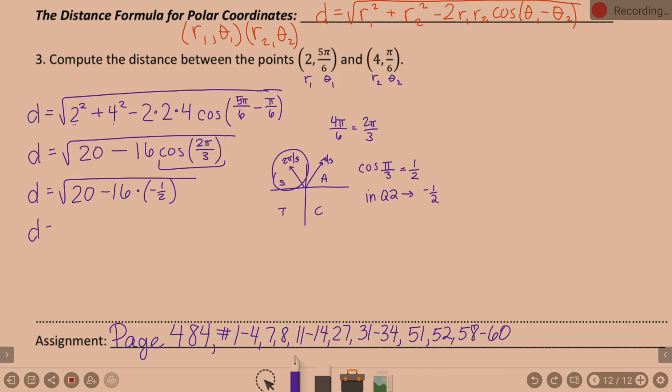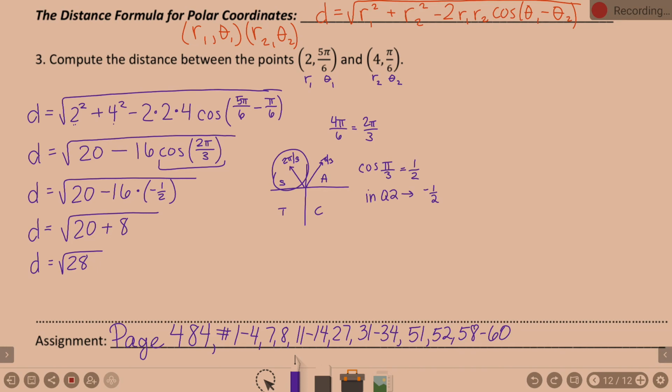Okay, almost there. This is going to be 20, and then minus, but 16 times negative 1/2 is negative 8. So it really becomes plus 8. So we have D equals the square root of 28. I don't remember for sure what's on the answer key.